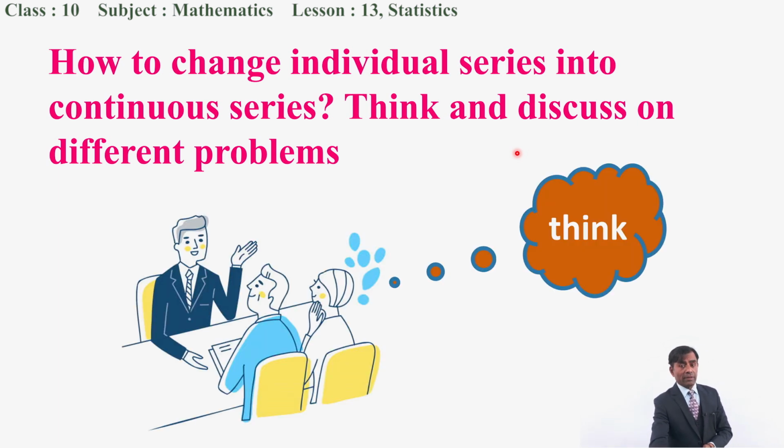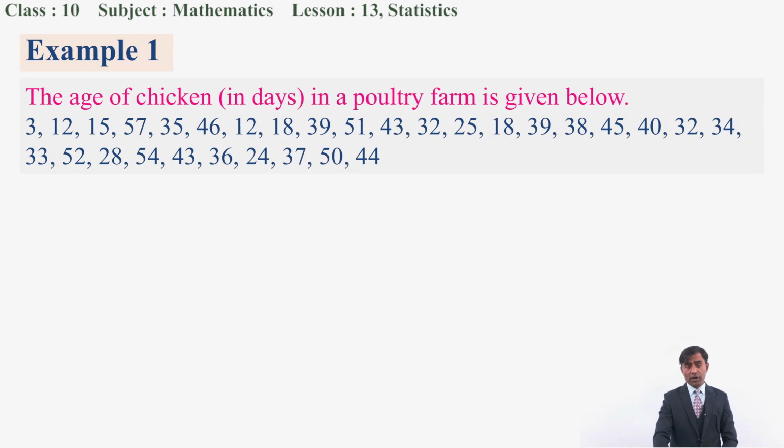So that is one question given here for you, which is considered example 1. Go through this example. What is here? The age of chicken, in days, in a poultry farm is given below.